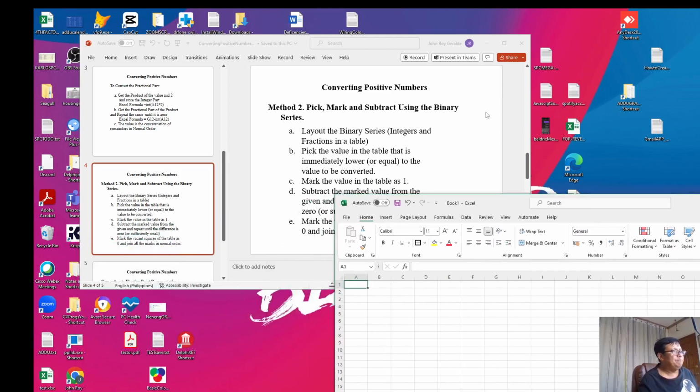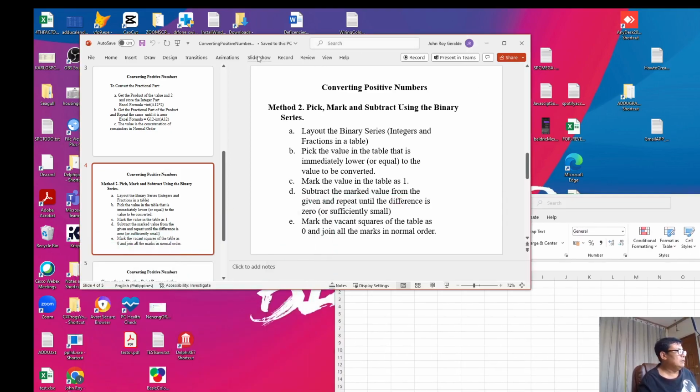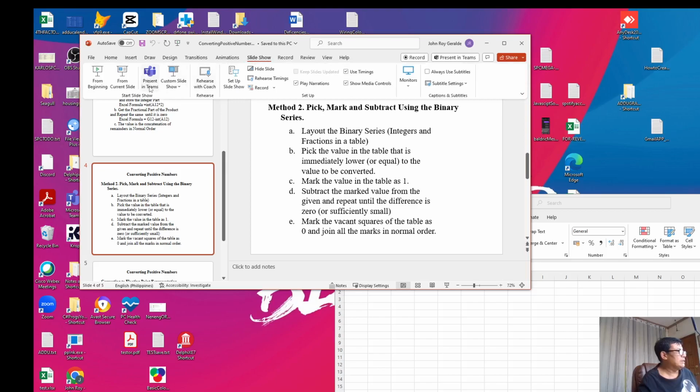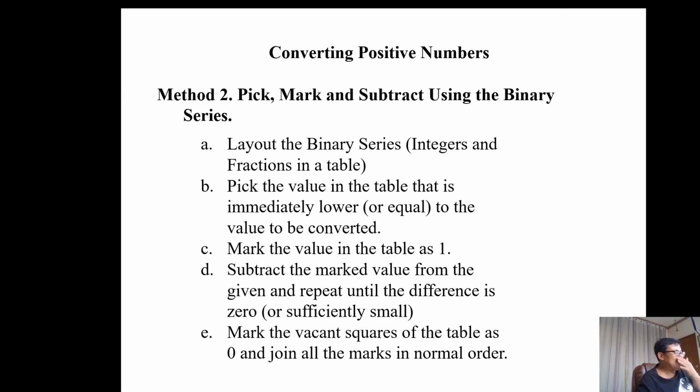So how do we summarize the process? This is a repetition of pick, mark, and subtract. First, we lay out the binary series, both for integers and fractions. Of course, we will start with integers. Pick the value in the table that is immediately lower to the value that you are going to convert. Immediately lower, not the next number that is smaller.